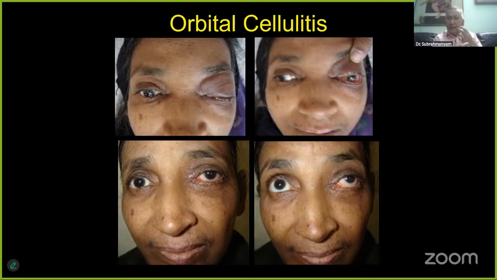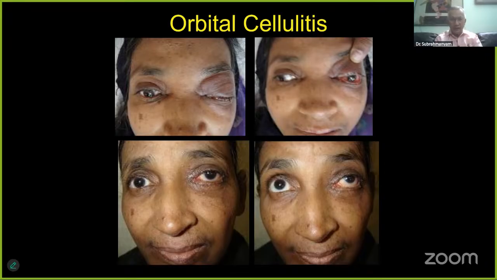Number two, there are masquerades which mimic orbital cellulitis, like a rhabdomyosarcoma, a retinoblastoma. These tumors can mimic an orbital cellulitis. So, by taking a CT scan, you are making sure that you are not missing a tumor, because the treatment depends on the cause. If it is an orbital cellulitis due to a tumor with orbital extension, you have to establish the diagnosis and go for chemotherapy.